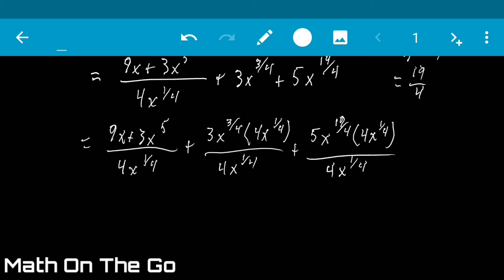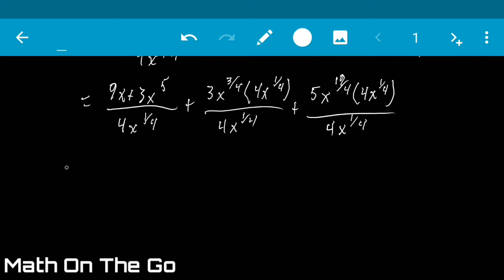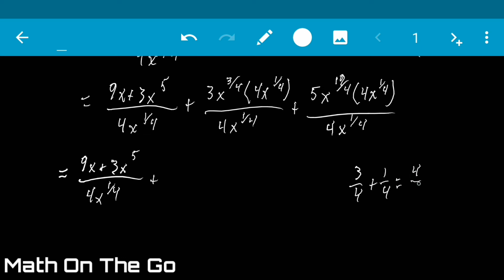All right, this is going to get nasty here for a brief minute. So let's just scroll down a little bit here. Let's make a little room for us. This first part's going to stay the same, over 4x to the 1/4, plus, okay, let's just work this out. 3/4 plus 1/4 equals 4 over 4, which equals 1.